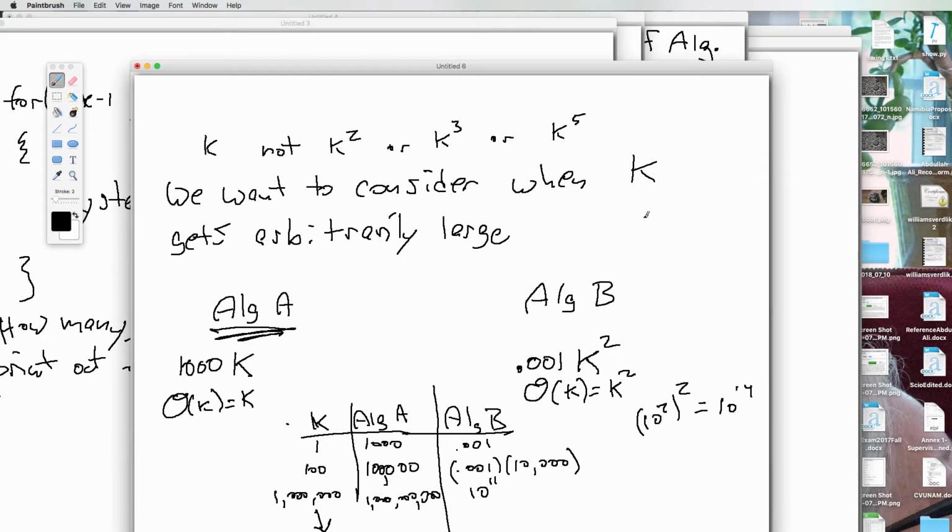This is sometimes referred to as the time complexity. This is sometimes referred to as the analysis of algorithms. It's sometimes referred to as the runtime complexity. And we will use these terms interchangeably.